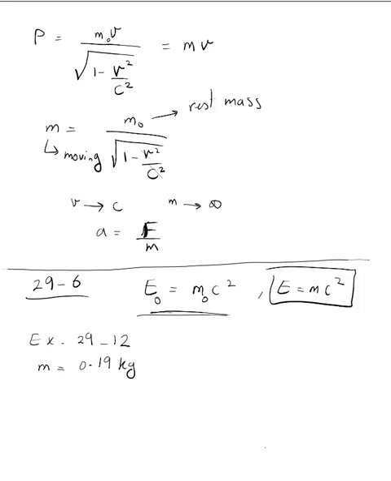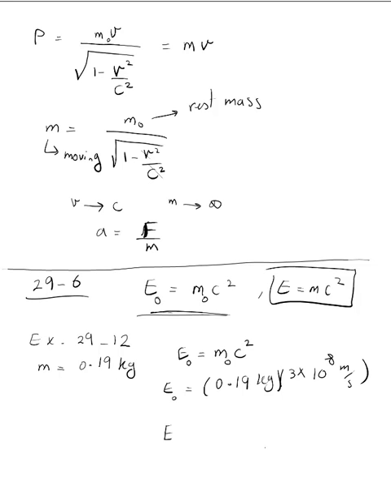This is very simple. We just need to replace in E naught equals m naught c squared the m naught by 0.19 kilograms, times 3 times 10 to the power of 8 meters per second, squared. And then I can get E. Okay, I made a mistake here.